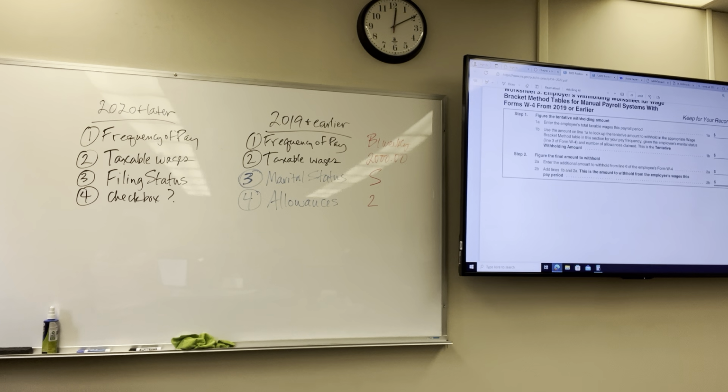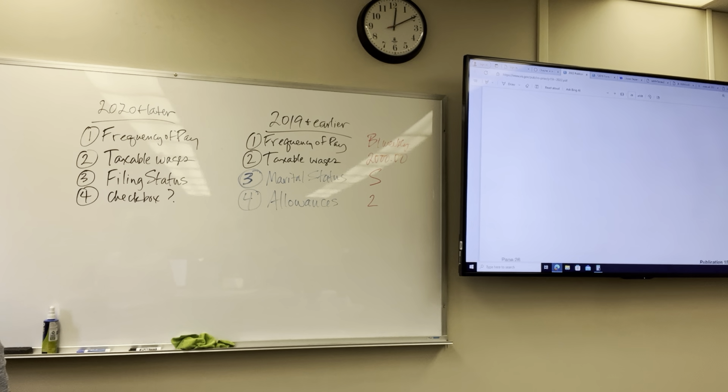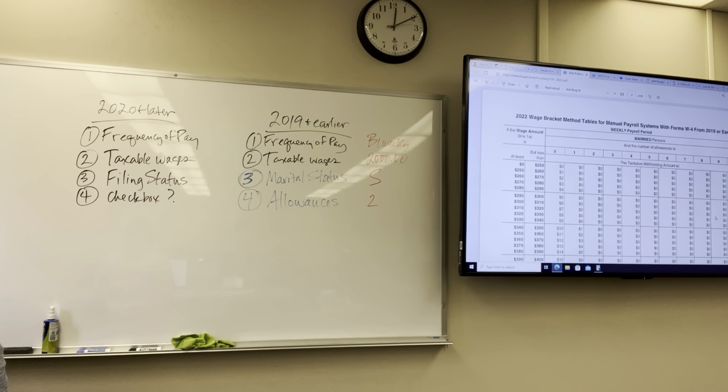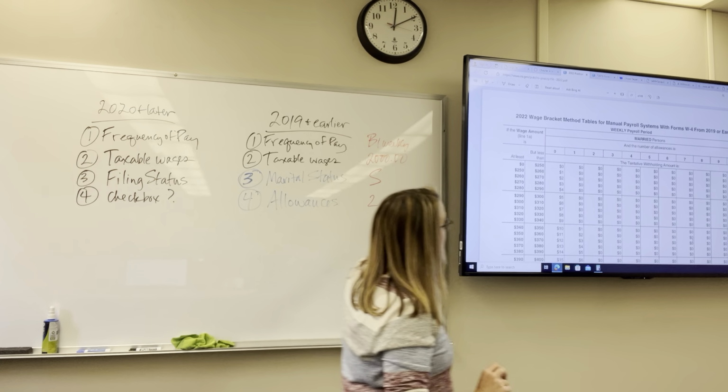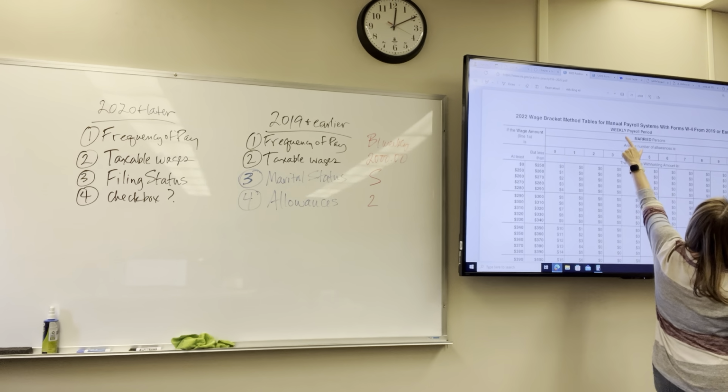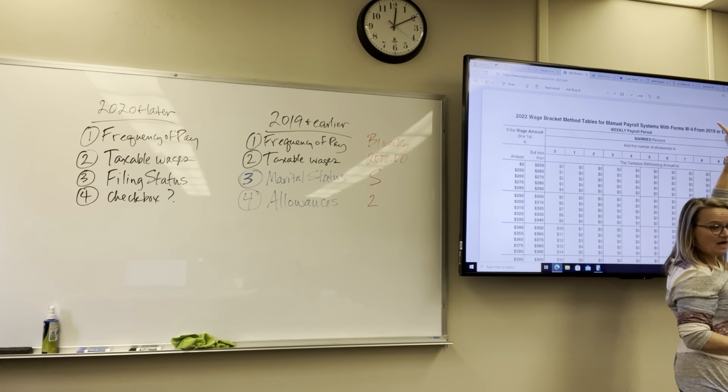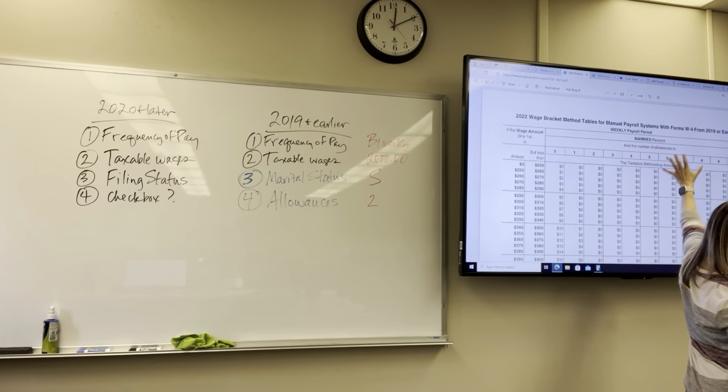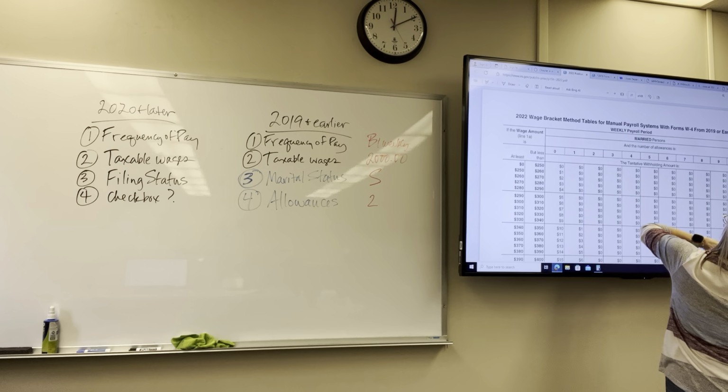Now, there is a calculation for determining the tentative withholding amount. Here, this worksheet is pretty simple, because all we're doing is using the table. Just like with the earlier tables, we have the frequency of pay up at the top. Be careful that you make sure you're on the right frequency of pay.